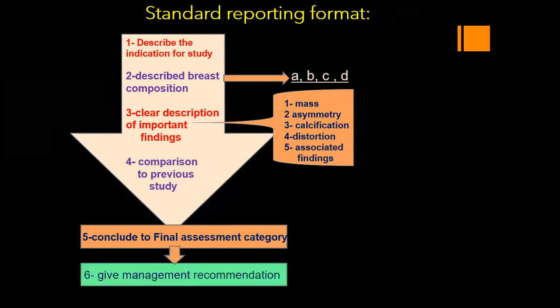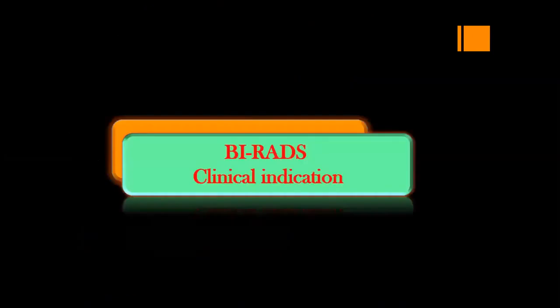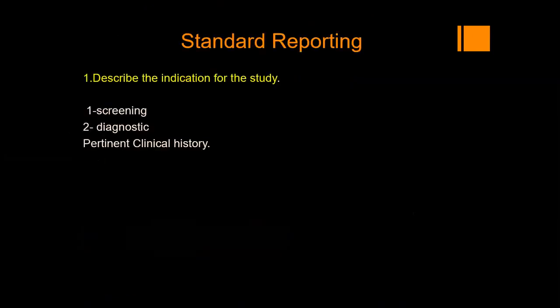Accordingly, give a management recommendation, and for unsuspected findings, you have to communicate with the referring clinician or the referring physician. And already we have talked about the various items.